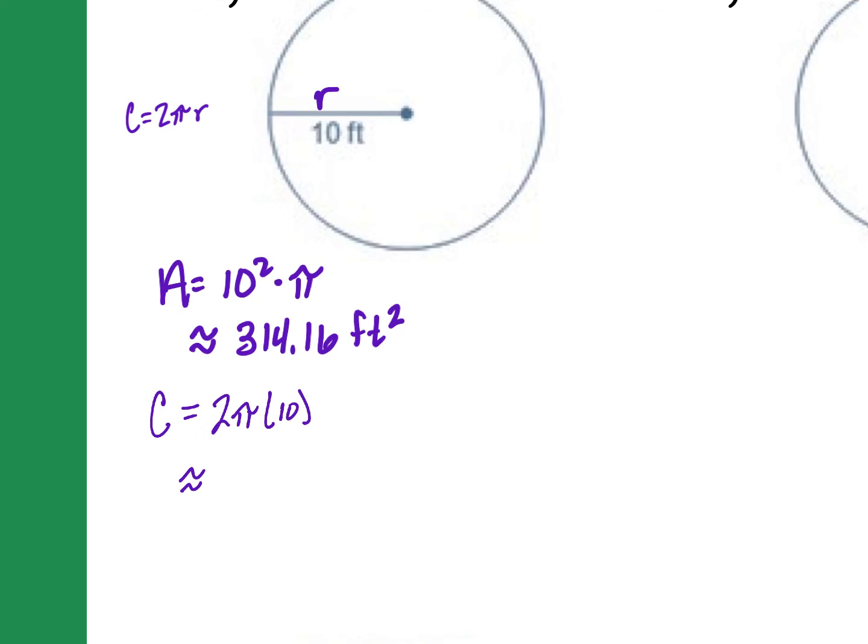So I'm going to do 2 pi times my radius, which is 10. And there's my answer, 62.83 feet. So area is squared, circumference is not. Okay? Is everyone okay with that?